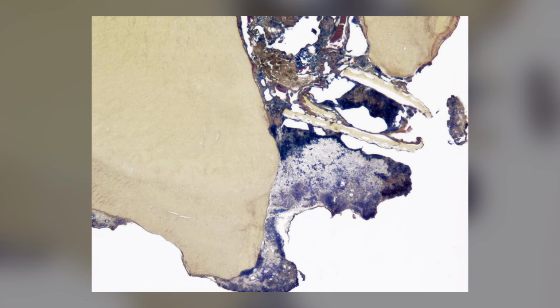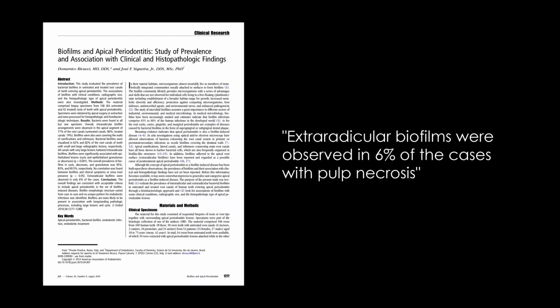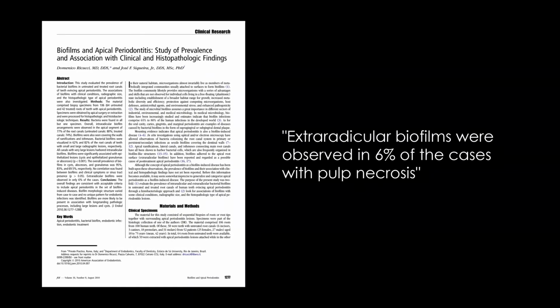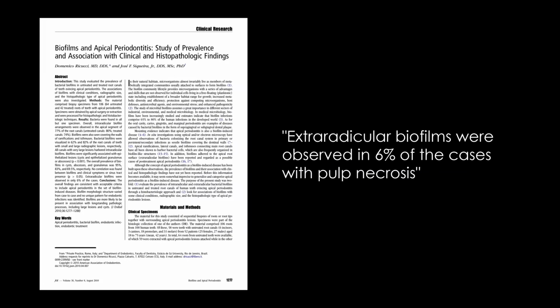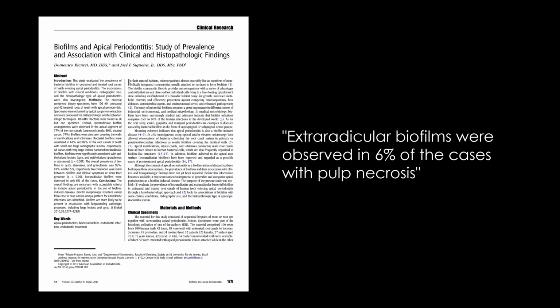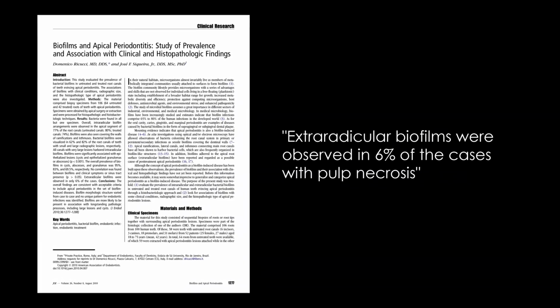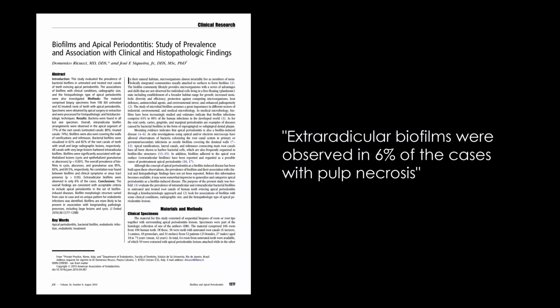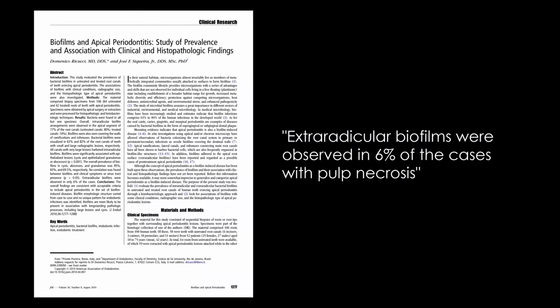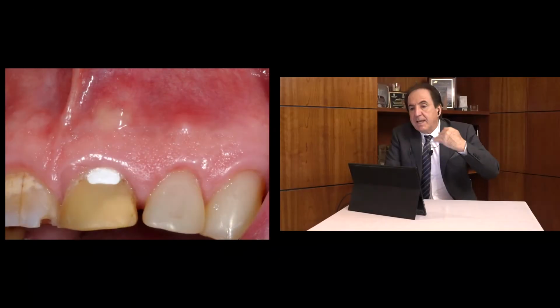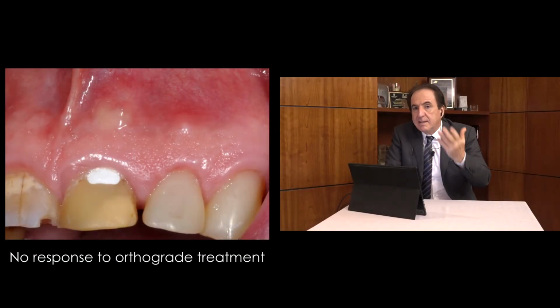So we are facing failures. And I am not talking about something really uncommon. This occurrence is observed in 6% of the cases with radiolucency. So it is not really uncommon. Most of the time, in some occasion, you have to think that you are instrumenting, you do your medication, you have a sinus tract, and after 1 week the sinus tract is still there.